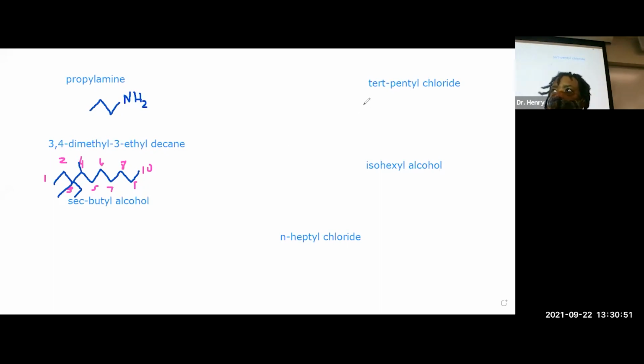Okay, what about tert-pentyl chloride? Tert means what again? Is it a common name or is it a systematic name? An IUPAC name. It's a common name. Okay. Tert means what?